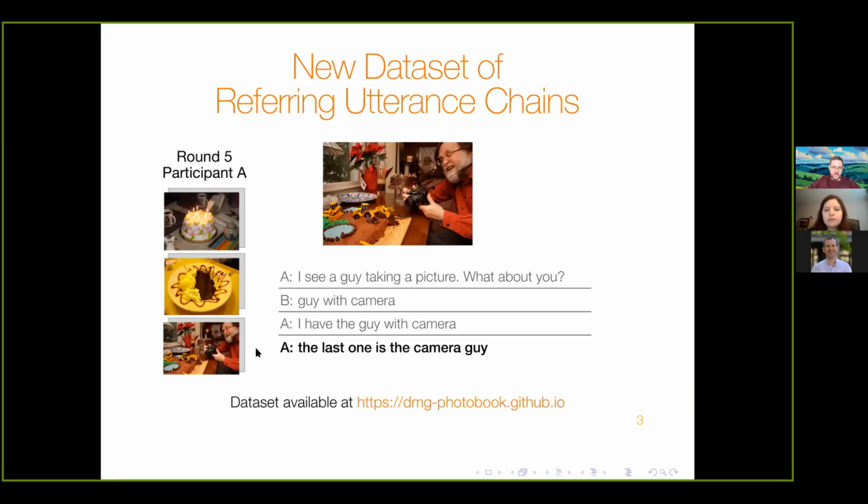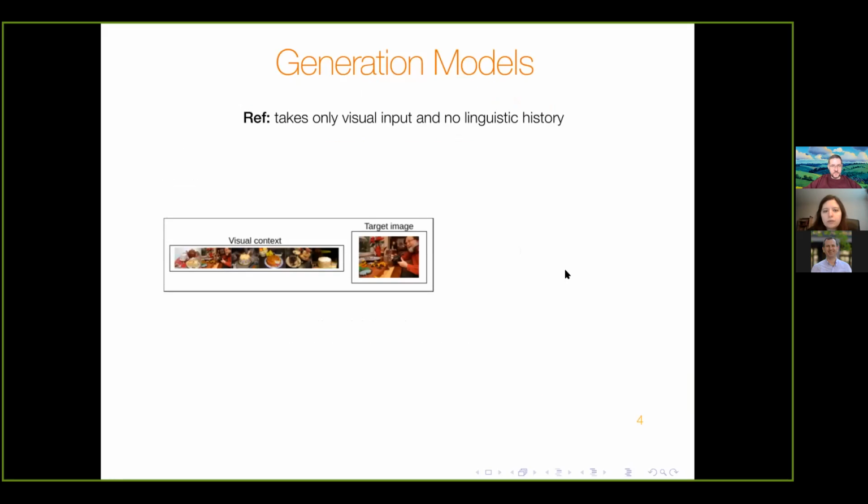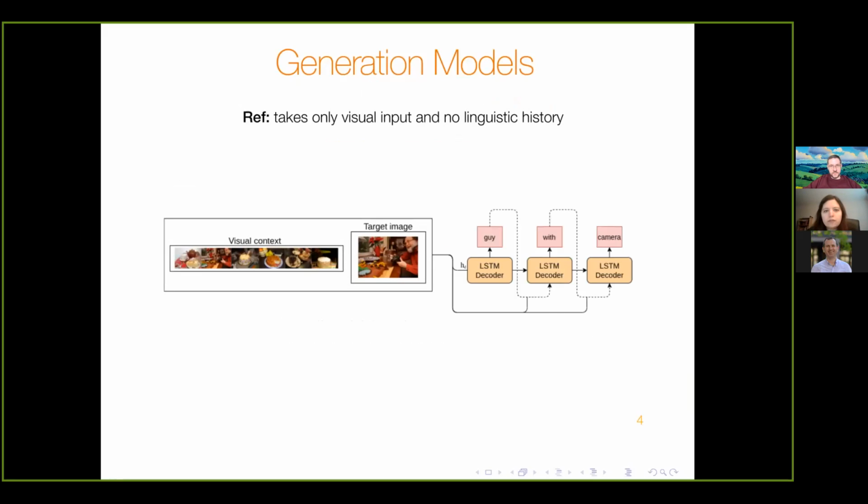So we have this chain of utterances for a single image, and we're looking at generating the next one from the previous ones. I can maybe quickly show you. This was our base model that takes the visual context and the target image, and then generates an utterance for this target image, only using the visual context.